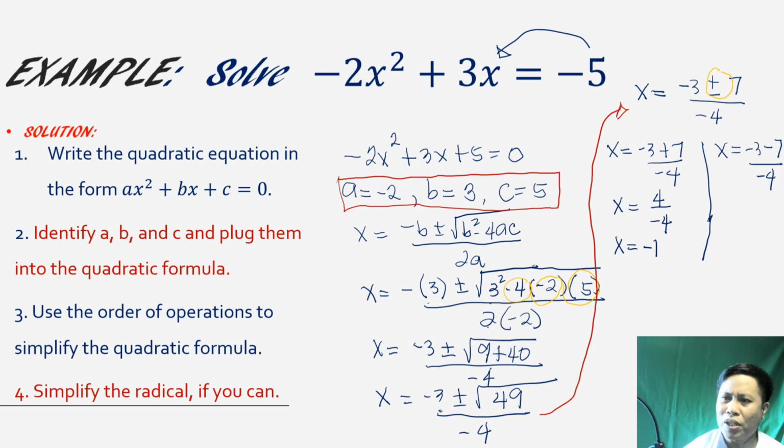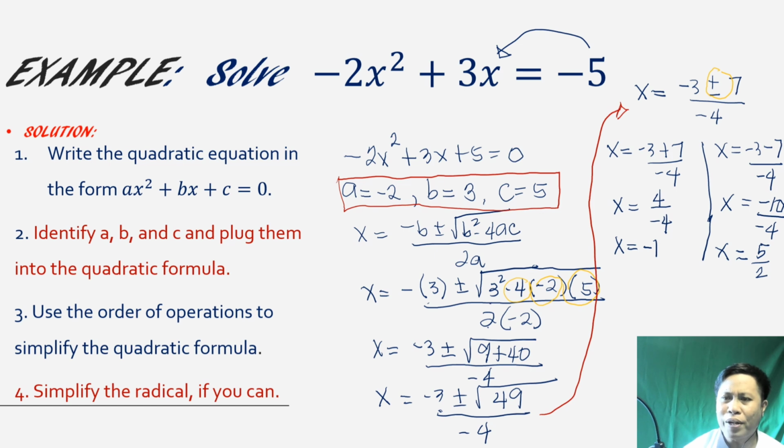In the second equation, you have negative 3 minus 7, which is negative 10, divided by negative 4. Negative 10 divided by negative 4, expressed in lowest terms, is positive 5 over 2, or 2 and 1/2, or 2.5.